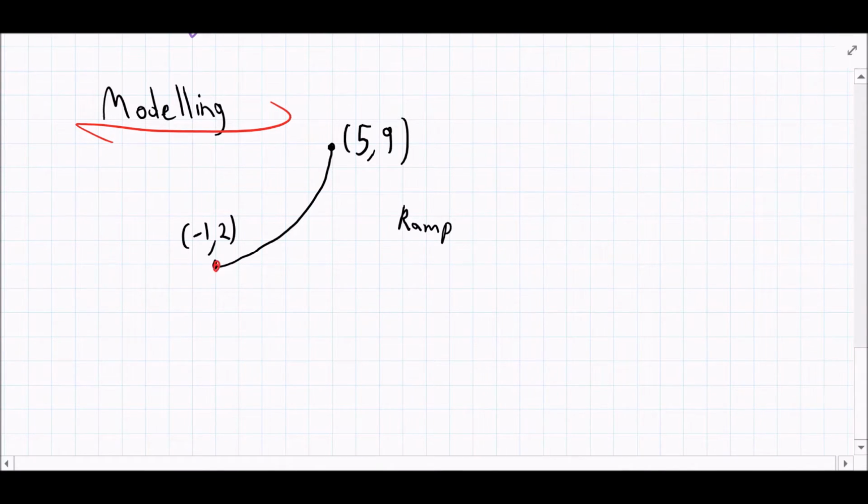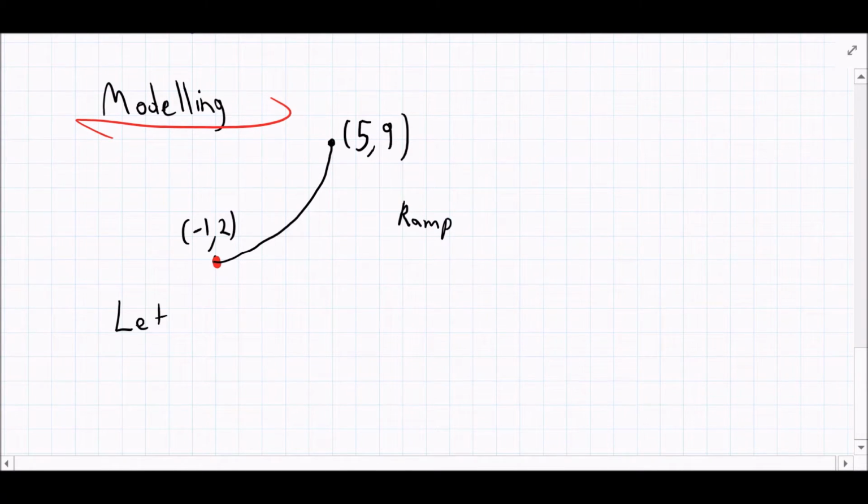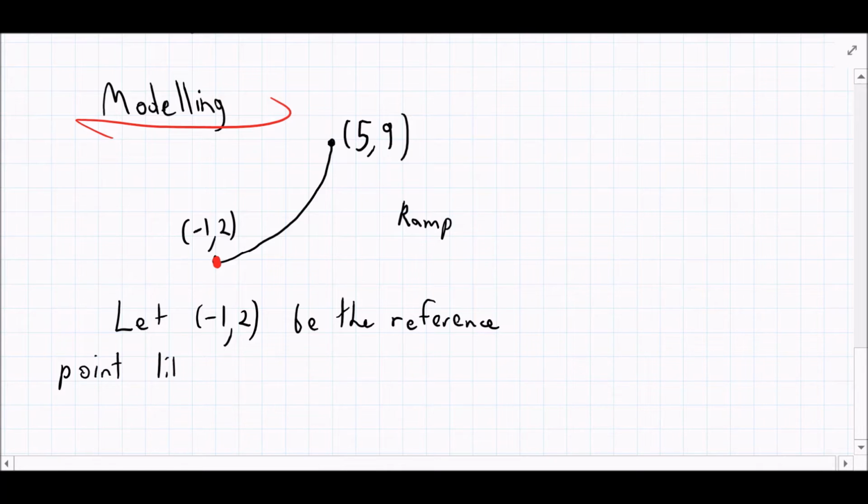It was the bottom one. So, we want the reference point to be the bottom one here. So we're going to say let -1, 2 be the reference point, like 0, 1 on the standard exponential.